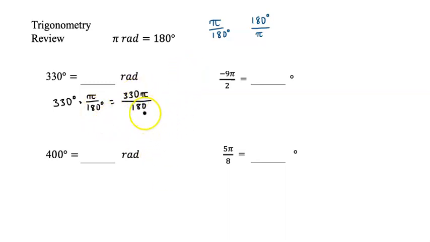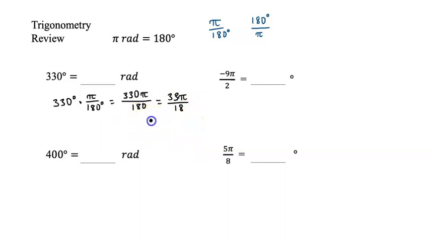Now we're just in the business of simplifying this fraction. Now 330 over 180, the first thing I'm going to do is I'll divide by 10, and I'll write this 33 pi over 18. All right, and is there anything that goes into 33 and 18? Well, I can see that 3 goes into both the numerator and denominator.